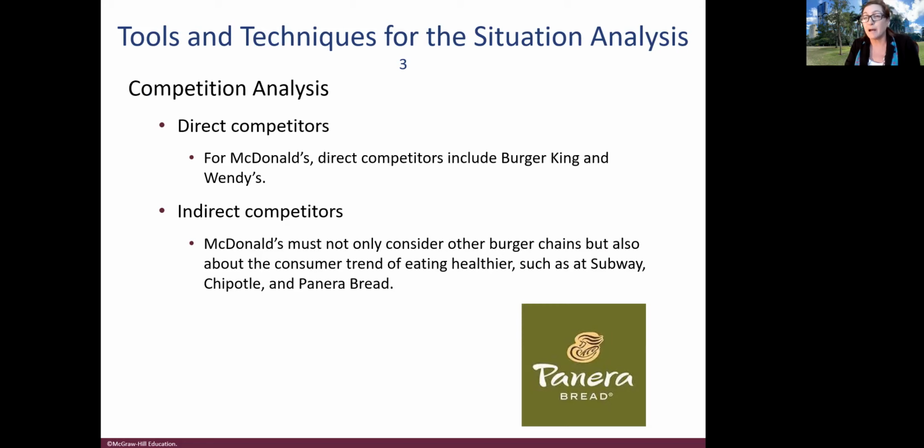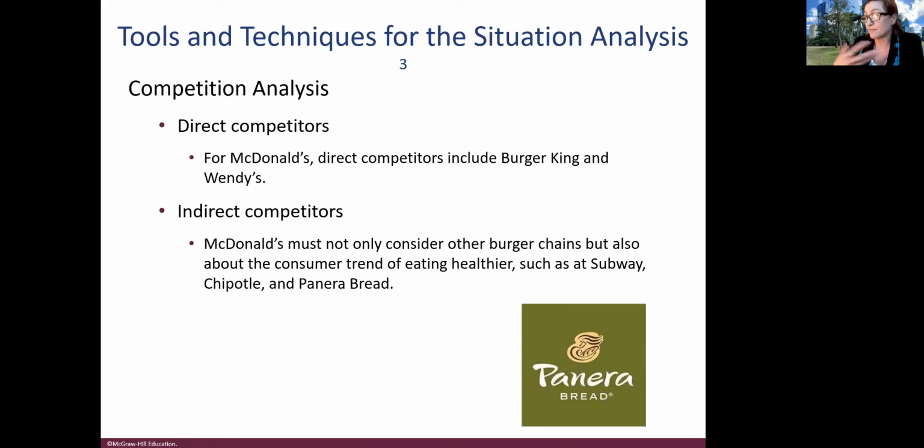Fair enough, but that doesn't actually serve McDonald's as well as you might assume. So we, the analysts, by broadening the industry definition from burger industry to quick service convenience foods, are looking at also indirect competition such as Subway, Chipotle, and Panera.